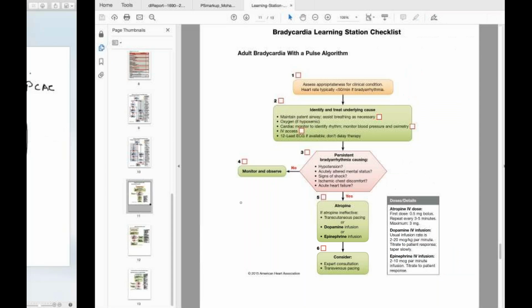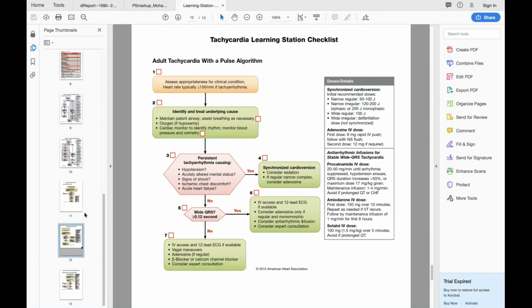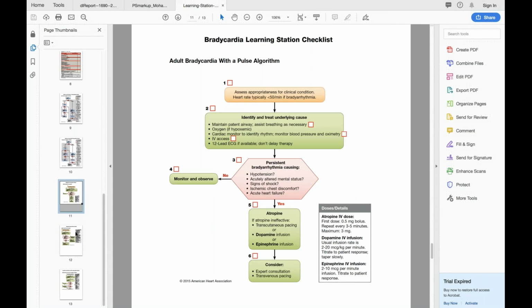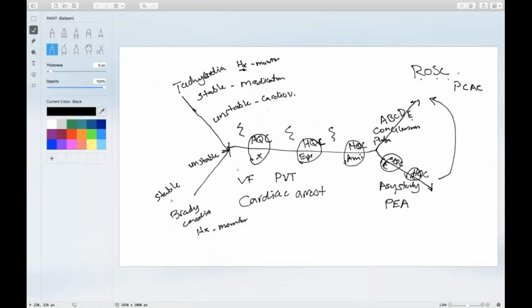Okay, so by now we finished the two other algorithms that will get us into arrest. We detected that the patient has bradycardia or tachycardia before he arrested. Here is the whole scenario.